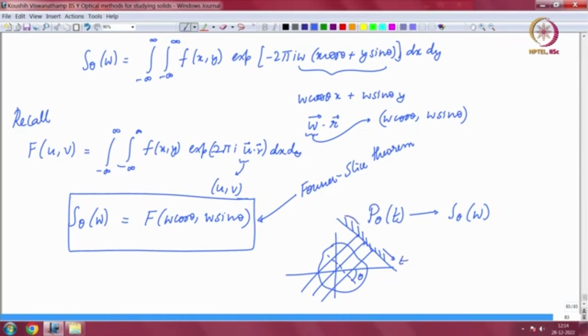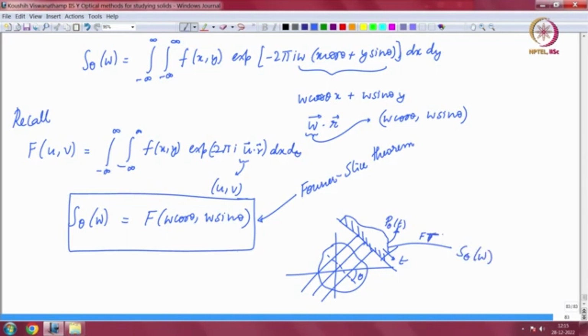So, you take this projection signal, p theta of t for this value of theta, and you take a Fourier transform of it, which is what we have done here, and you will get s theta of w.